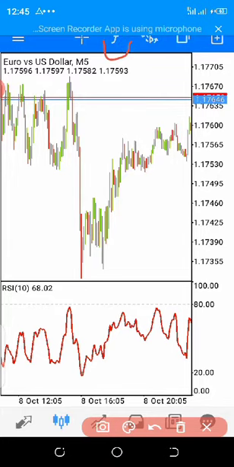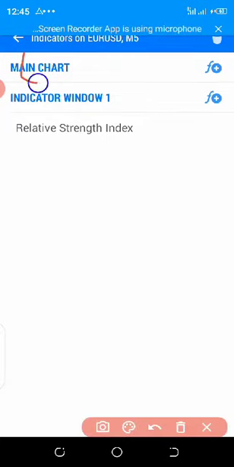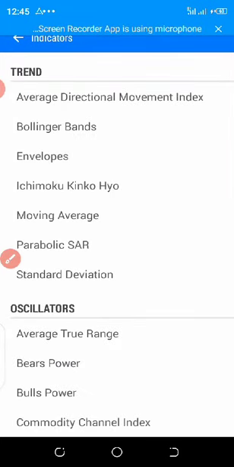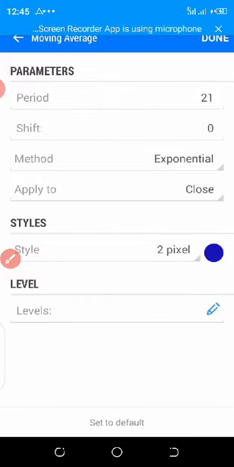That is where you are clicking. You click to this place. Go to the main chart. Click. Look for moving average. Click to moving average. It pops up this way.